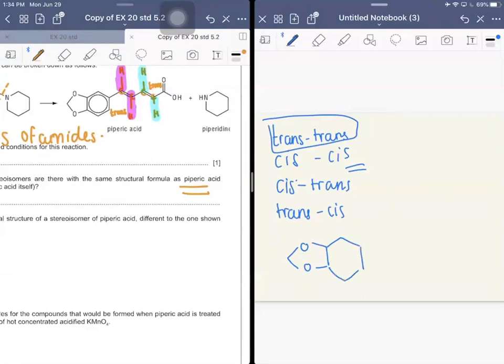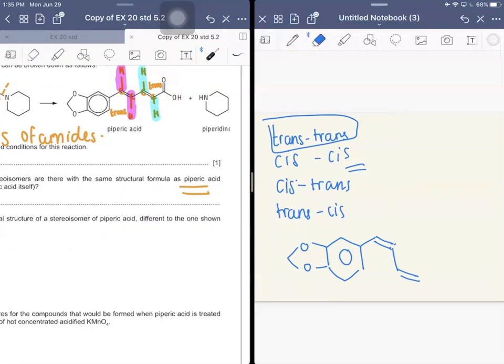So we're dealing with the first double bond now. I will now have to bring this group to the bottom. So now I have this. That's my hydrogen that you cannot see.